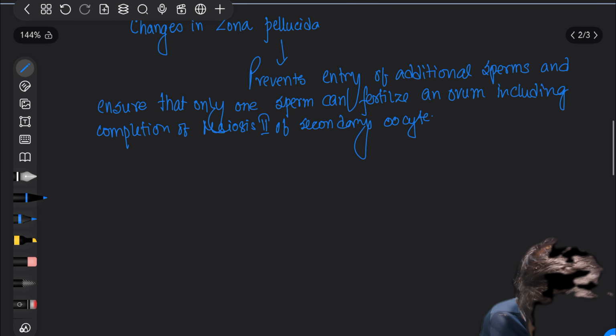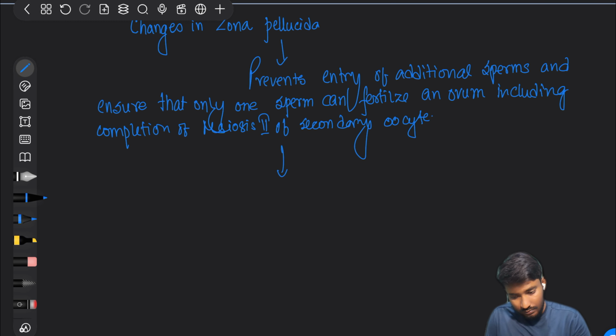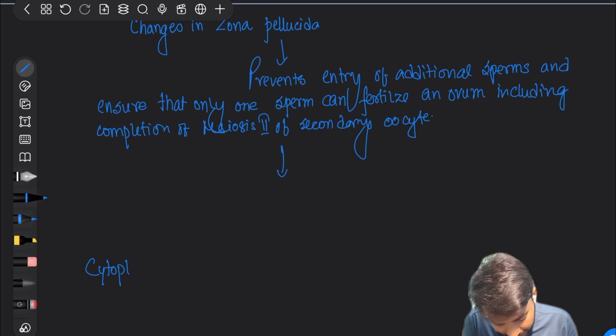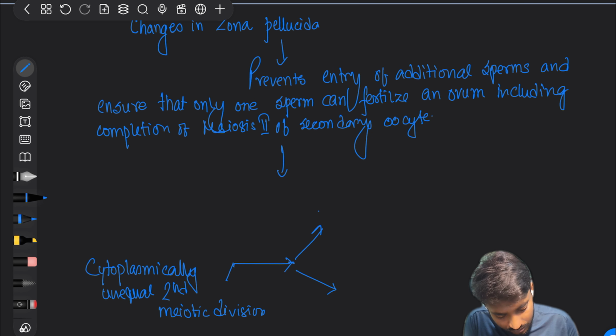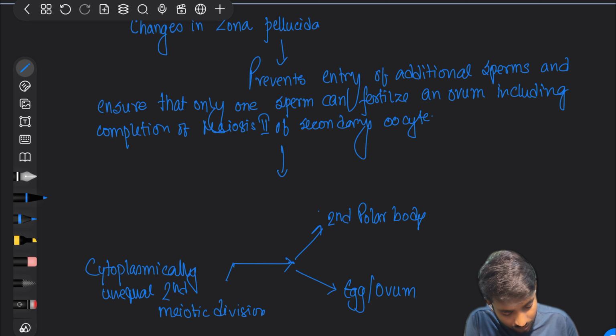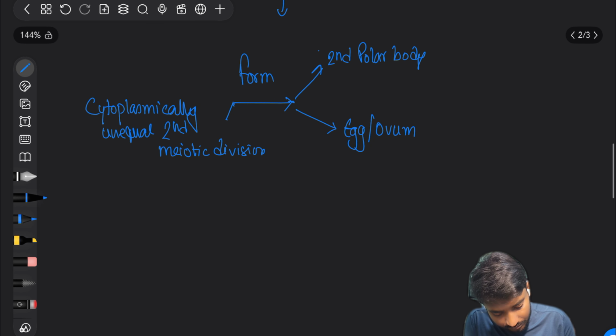Okay. Now what happens? See, the second meiotic division is cytoplasmically unequal, it divides into the second polar body and the egg, the ovum forms.